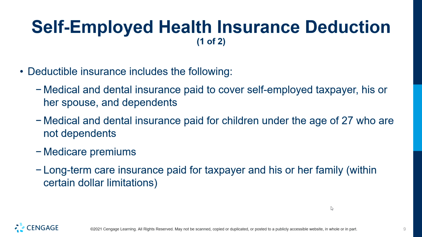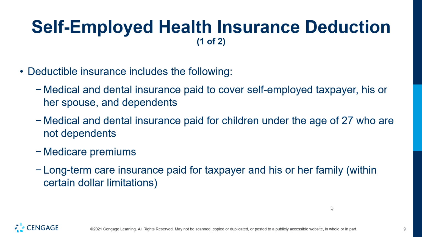Self-employed health insurance deduction. Yes. So, deductible insurance includes the following for self-employed. We get to take medical and dental insurance paid to cover the self-employed taxpayer, his or her spouse, and dependents. Medical and dental insurance paid for children under the age of 27 who are not dependents.